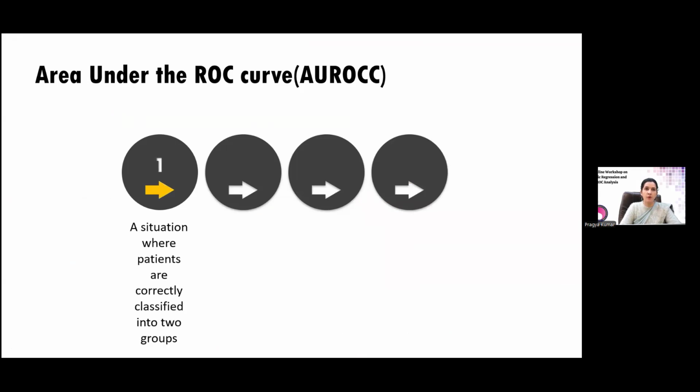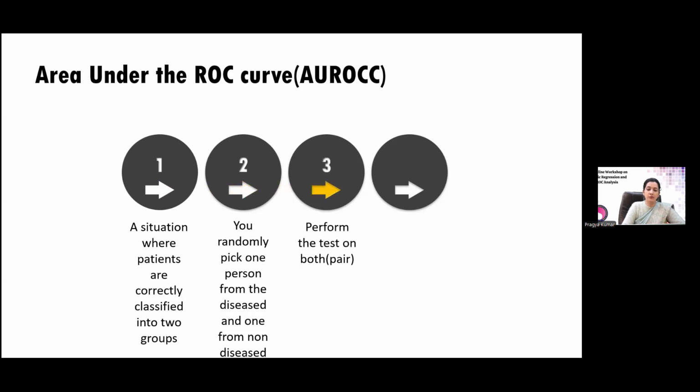So again, how do we define this AUC? Basically AUC, or the area under the curve, is the ability of the test to correctly classify one pair of individuals. Pair means if you randomly pick one person with disease and one person without disease, you have got a pair of people, a true positive and a true negative, and ROC is the ability to discriminate.